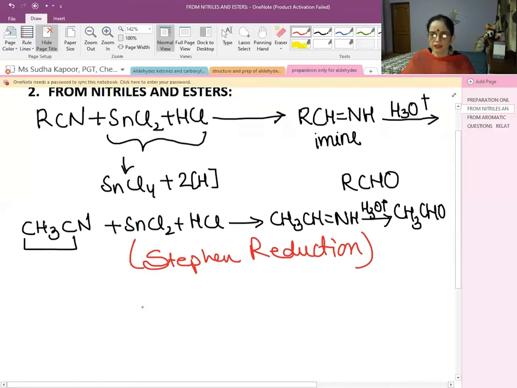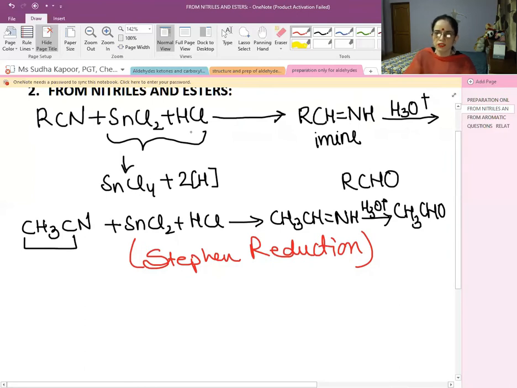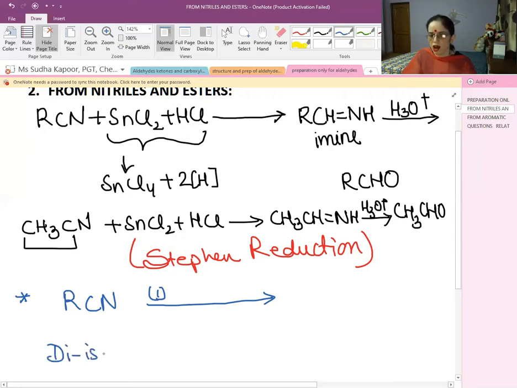So let us take the same condition but with some other reagent. For example, if I am using RCN, but the reaction takes place in the presence of diisobutyl aluminum hydride. I am writing it here also, diisobutyl aluminum hydride.